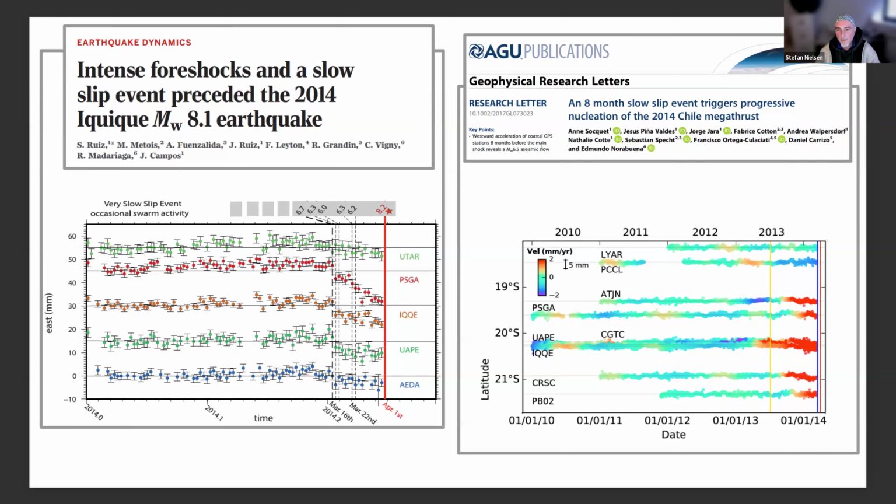And here we have two different papers where the geodetic data has been processed to show that. On the left is a paper by Ruiz et al. And on the right, a paper by Soke et al., essentially showing the same thing, maybe with a few more stations in the paper by Soke.